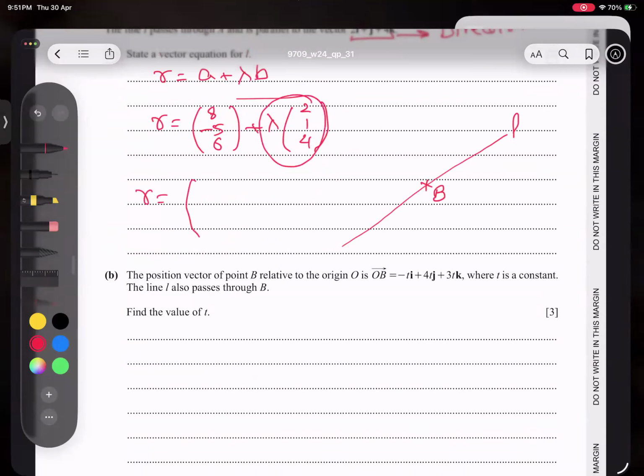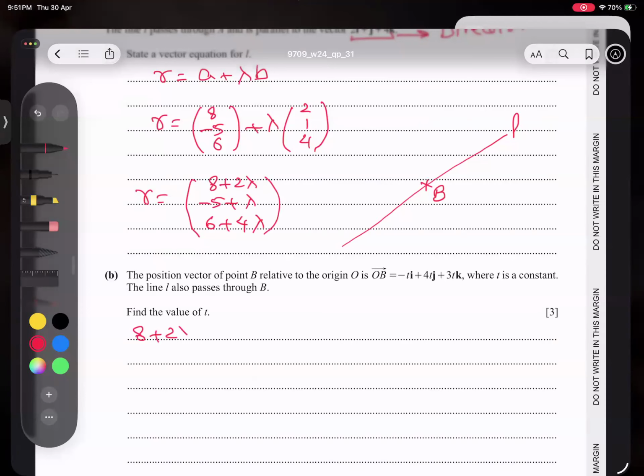Lambda multiply inside and add these values. I got 8 plus 2 lambda and negative 5 plus lambda and 6 plus 4 lambda. Basically, when I say that this point lies on it, it means the x component of this point is equal to the x component, and the y component of this B is equal to the y component, and the z component equal to that. So I'm going to make 3 equations.